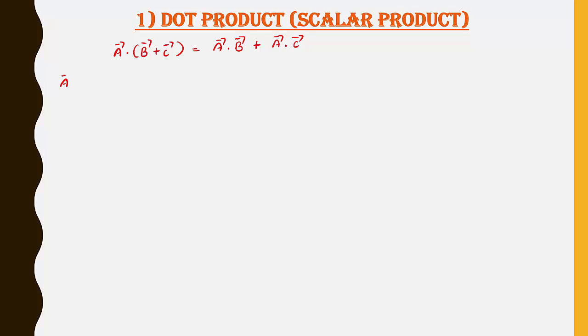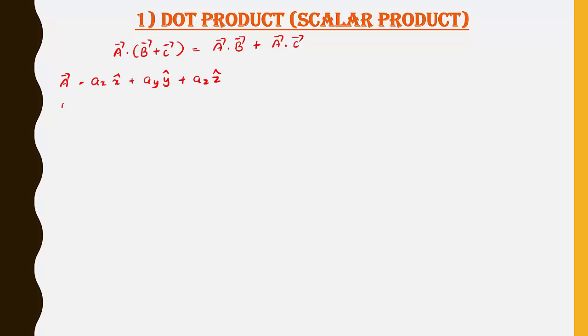Now let us consider vector A is given. I am going to consider its magnitude and direction values in three dimensions. So we can take Ax x cap plus Ay y cap plus Az z cap, or you can take i, j, k cap.